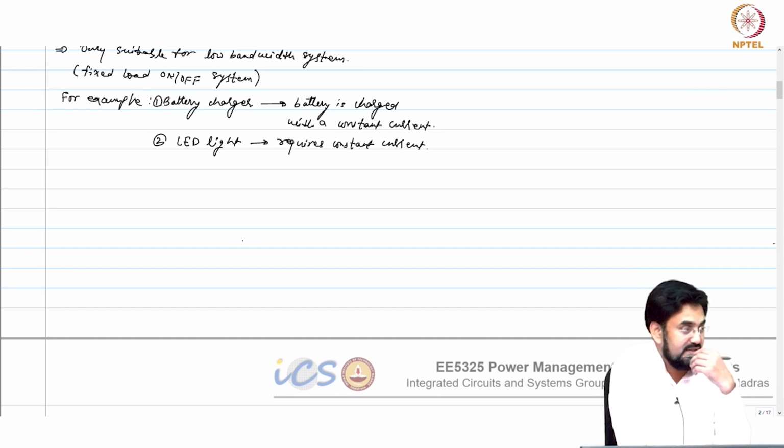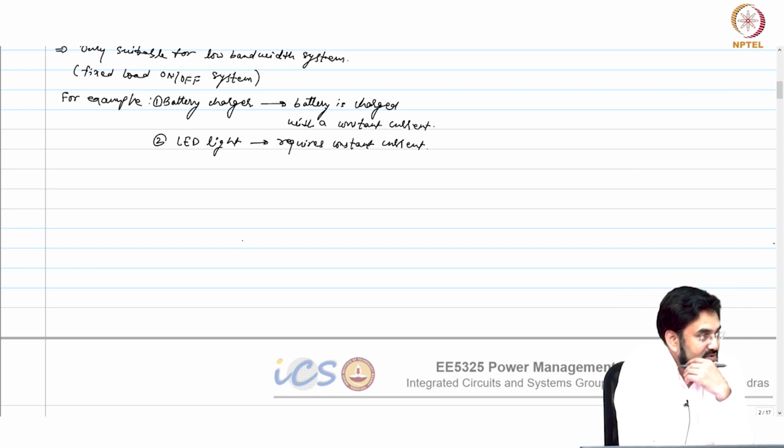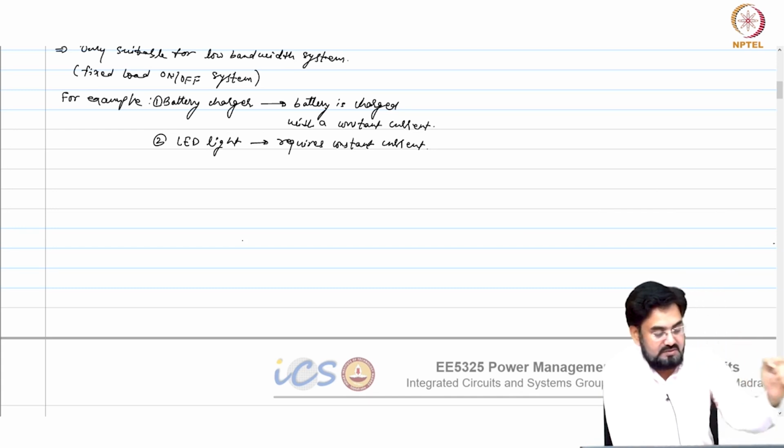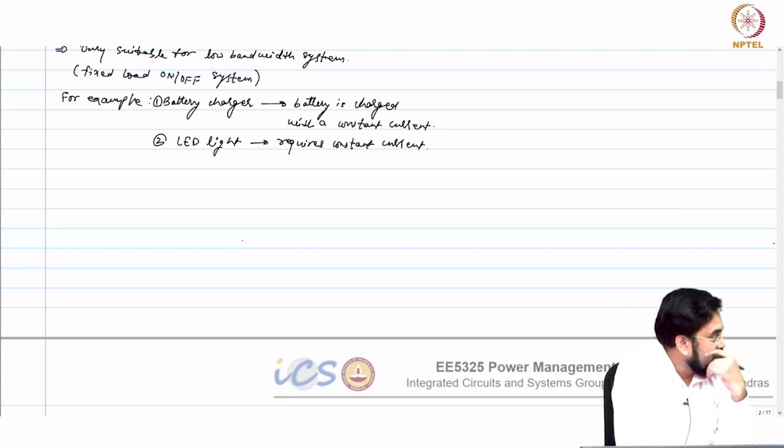So, what do we need to do in that case? We need to increase the UGB, which means the LC pole will come inside UGB. Okay. So, then what can we do? We can add a zero.